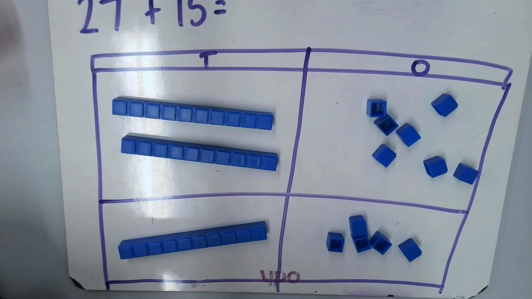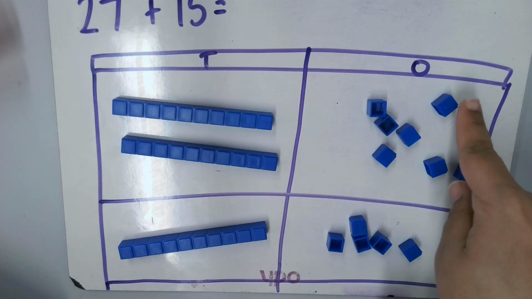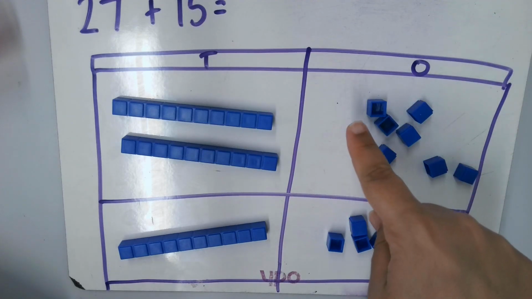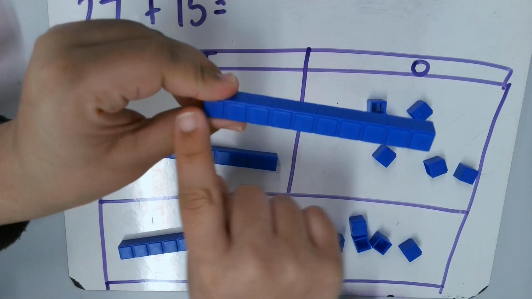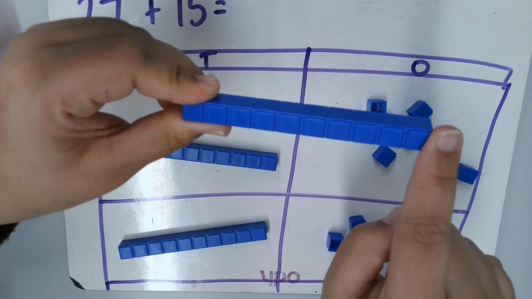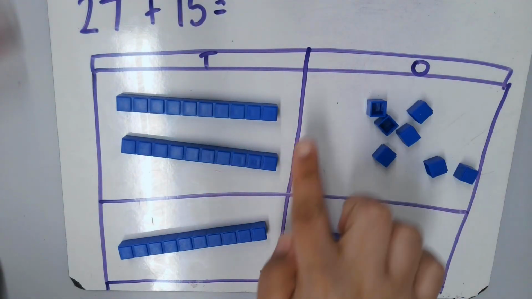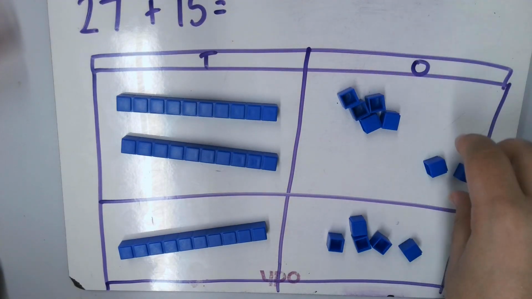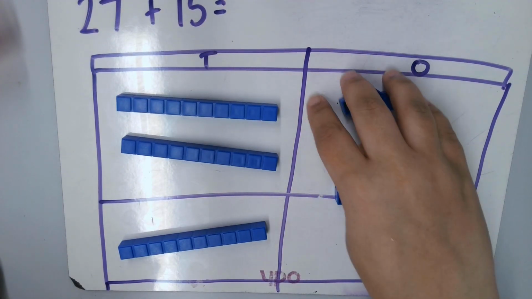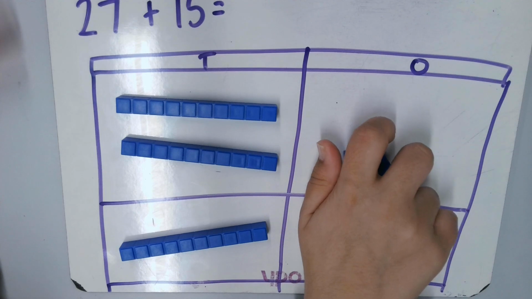And using my knowledge of place value, I know that if I have 10 ones, that's actually the same as one ten. One ten is made up of 10 ones. So this is 12 altogether, but I could get 10 together and swap this.